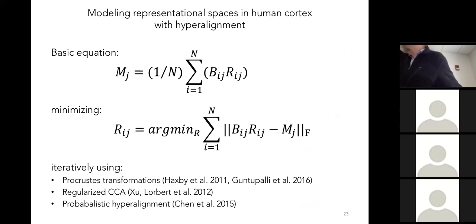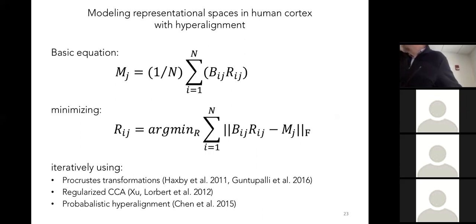This is the basis of hyperalignment, which is we have a model space for a cortical area J, and we populate that with vectors that are the averages of the vectors for individual subjects for time points or connectivity targets, I, multiplied by the transformation matrix.